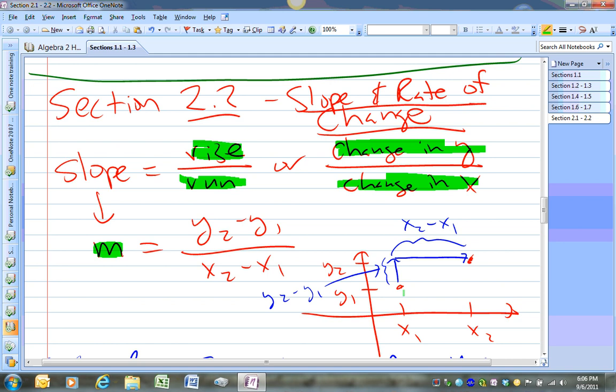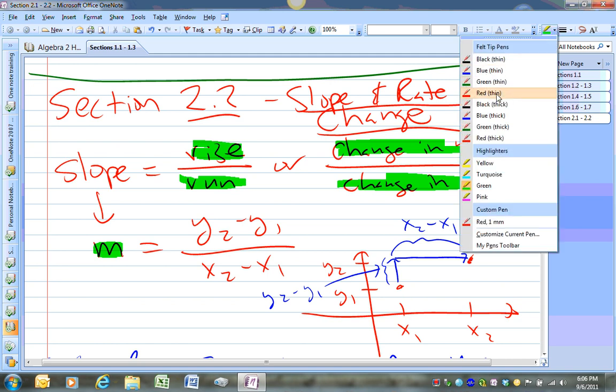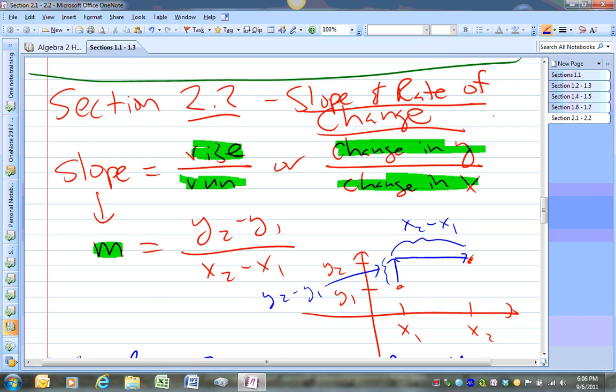So if you plot these points here, for example, if I use my pen, this is x1, y1, that's x2, y2.